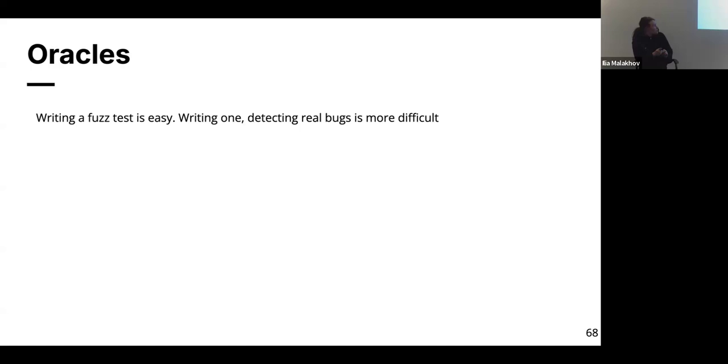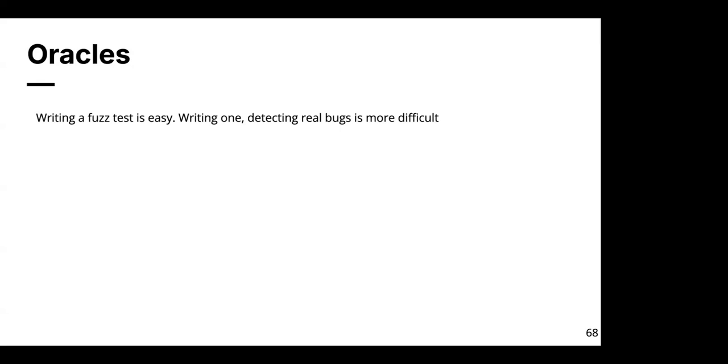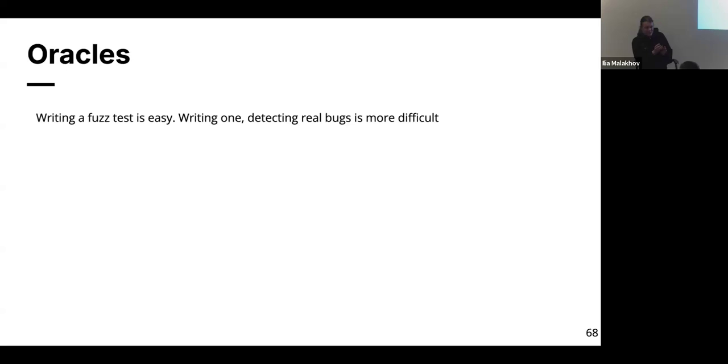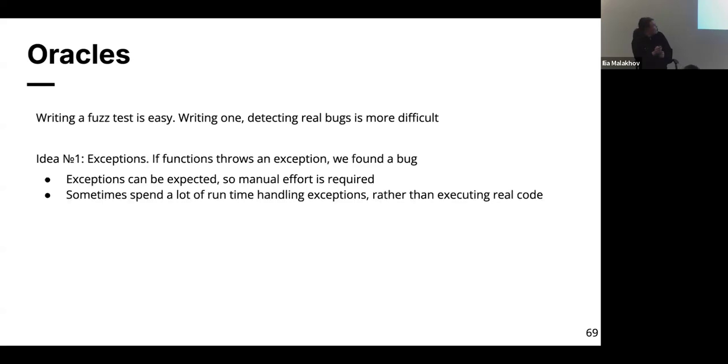One more thing is oracles. As I have shown, writing a fuzz test is actually not so hard. However, writing one that finds a bug is more complicated, because the test needs to somehow determine if it finds an error.